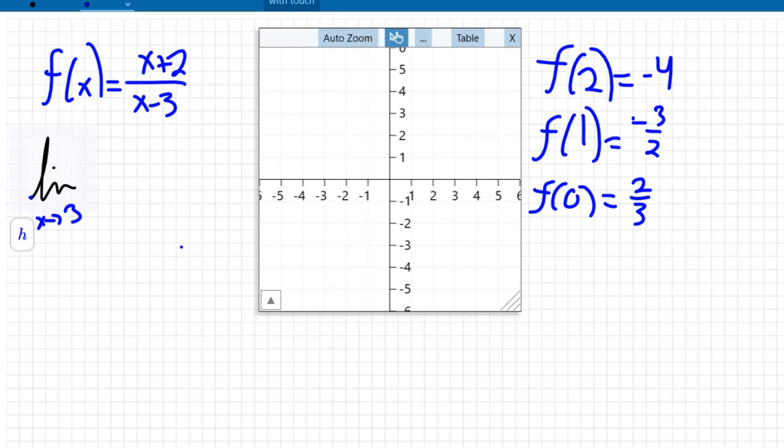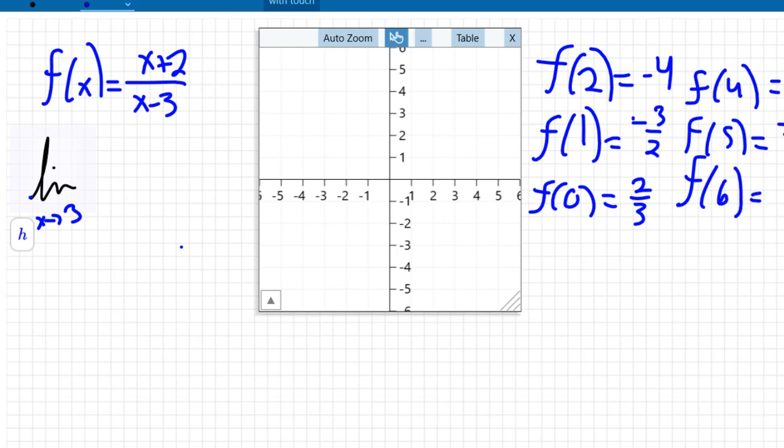Then we'll do some values greater than 3 to get an idea of what's going on here. A function of 4 would be 6 over 1, so it's just 6. Function of 5 would be 7 over 2, 7 halves. Function of 6 would be 8 over 3.